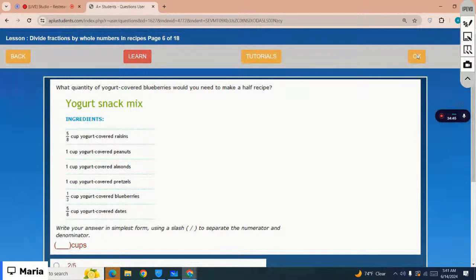What quantity of yogurt covered blueberries would you need to make a half recipe? So which is the correct option? Yogurt covered, that is, in the original recipe, you need one third.